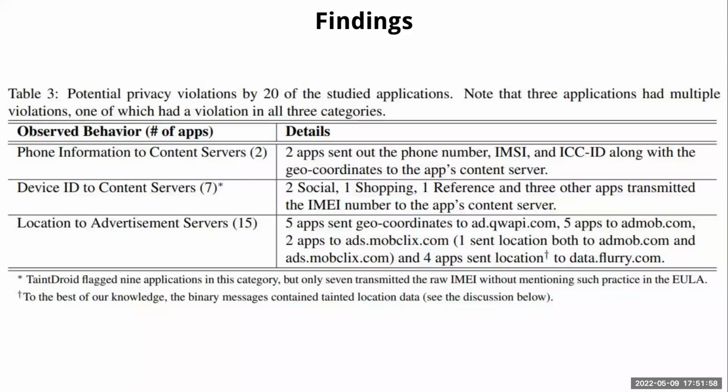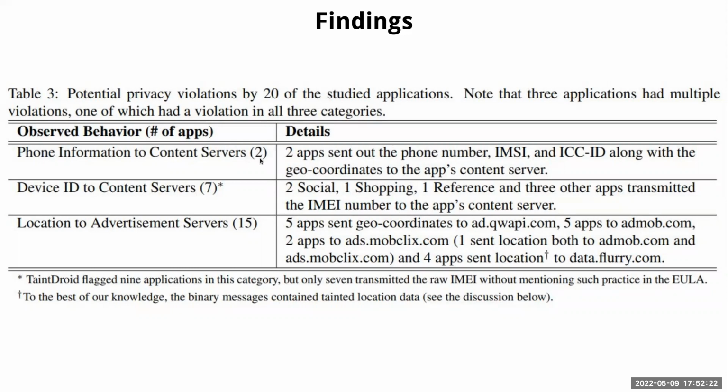Those are supposed to be personally identifiable information, right? Because you're not going to change your SIM card very often. So if different apps can track your IMSI, they can link things together and know what you're doing.